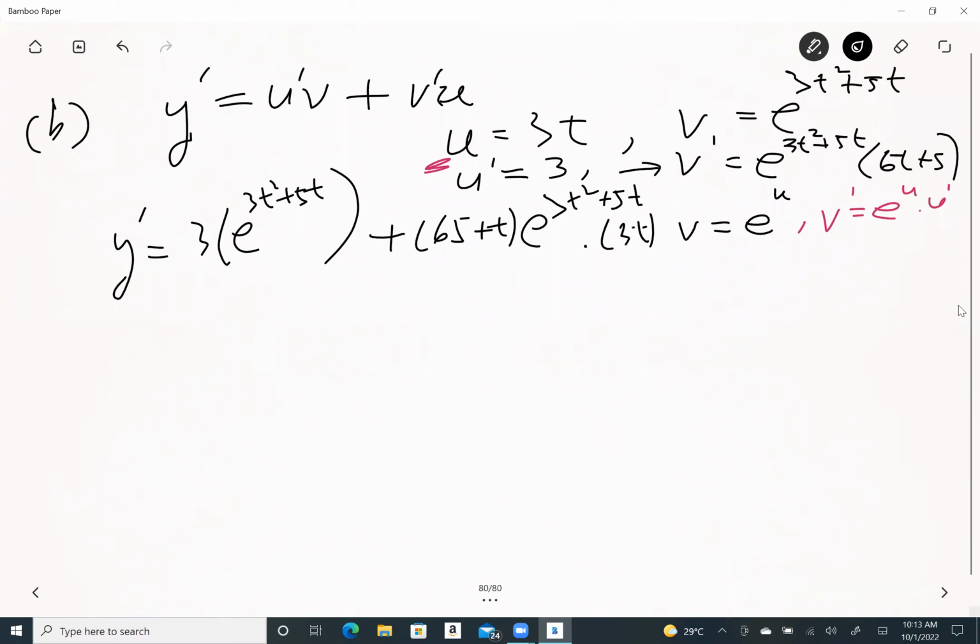Okay, you can multiply out a little bit, but you don't have to. Just leave it like that. So that is the derivative of e.